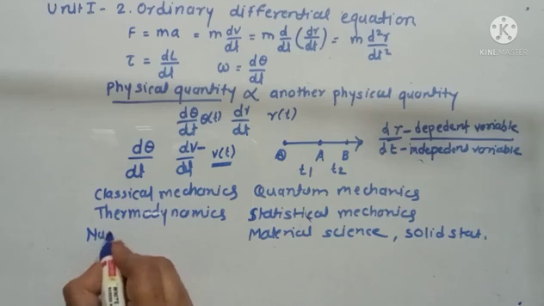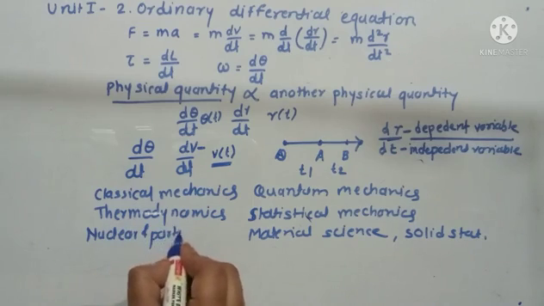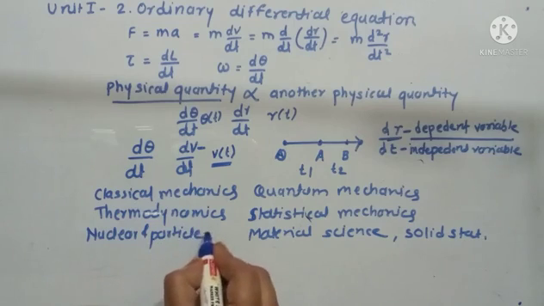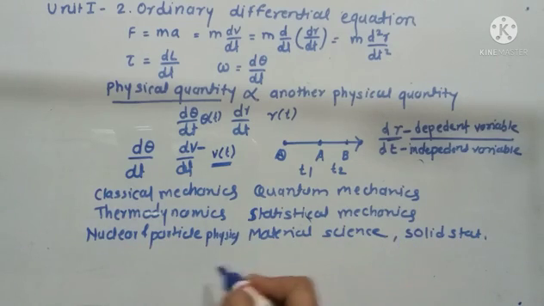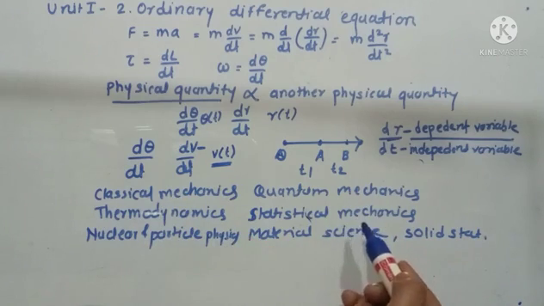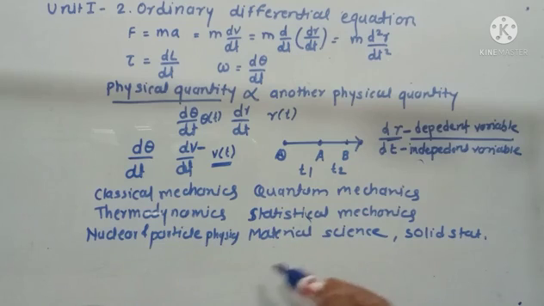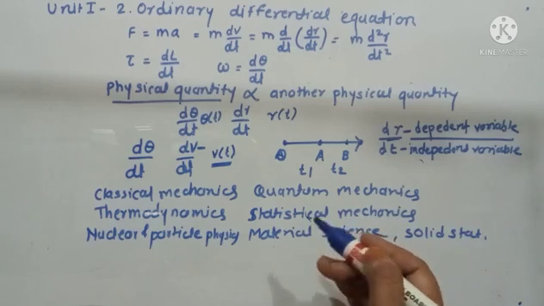Nuclear and particle physics. So there are different branches of physics like classical mechanics, quantum mechanics, thermodynamics, statistical mechanics, nuclear and particle physics, material science, solid state physics, electrodynamics, electronics.